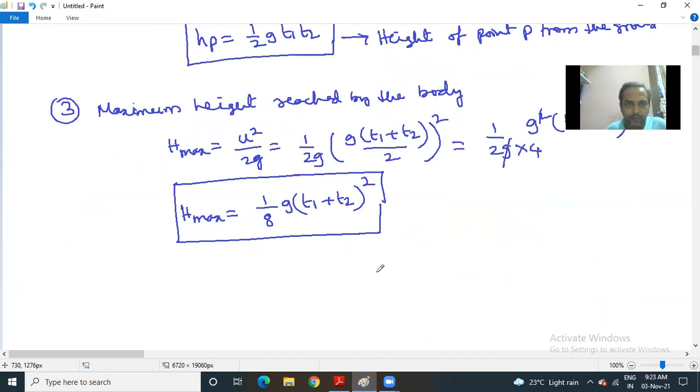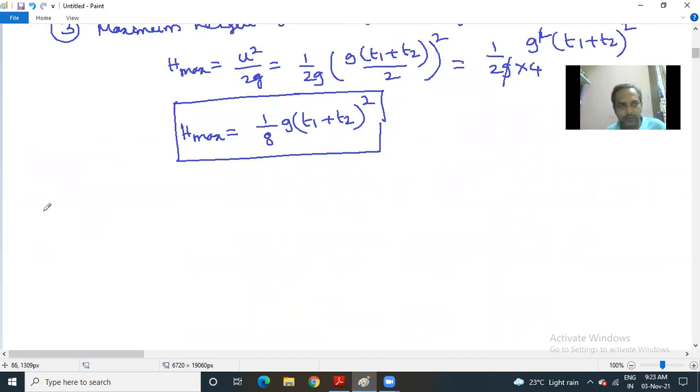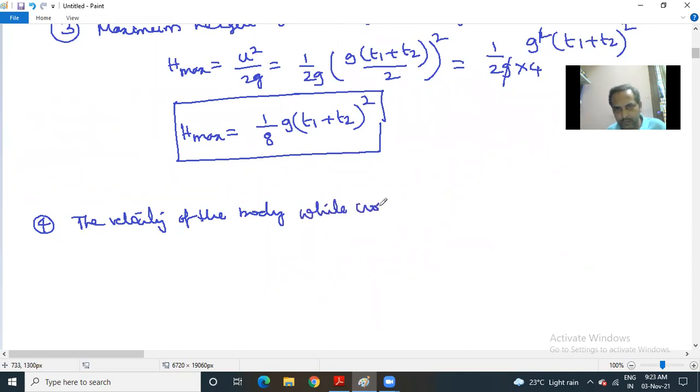Next, moving to the fourth expression: the velocity of the body while crossing point P in the upward journey.